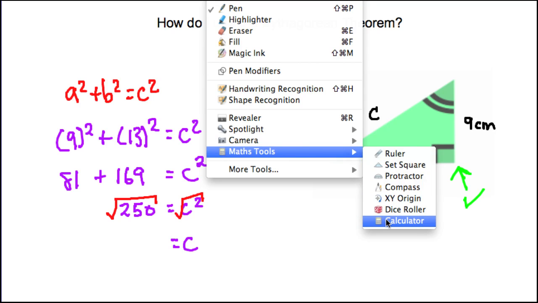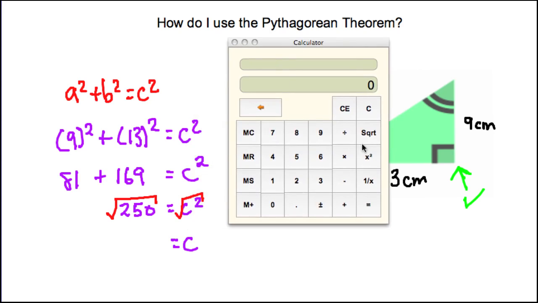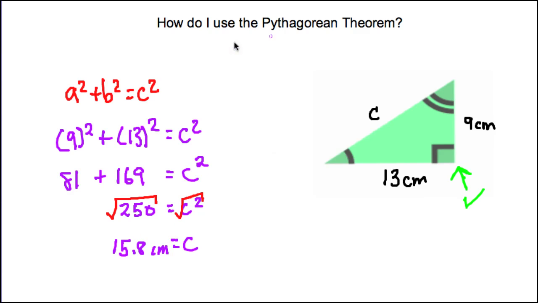I'll find the square root of 250, and it gives me 15.81138888. Okay, I don't need all those decimal places, so I'm going to round to the nearest tenth: 15.8 centimeters. A real quick way to check is, remember, the hypotenuse is always going to be the longest side. So if this is longer than those two legs, that's a pretty good indication that you've probably done this correctly.